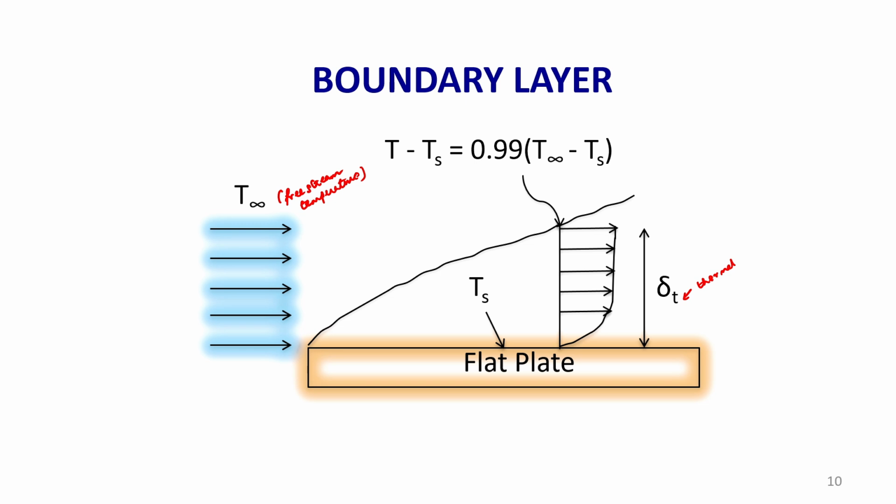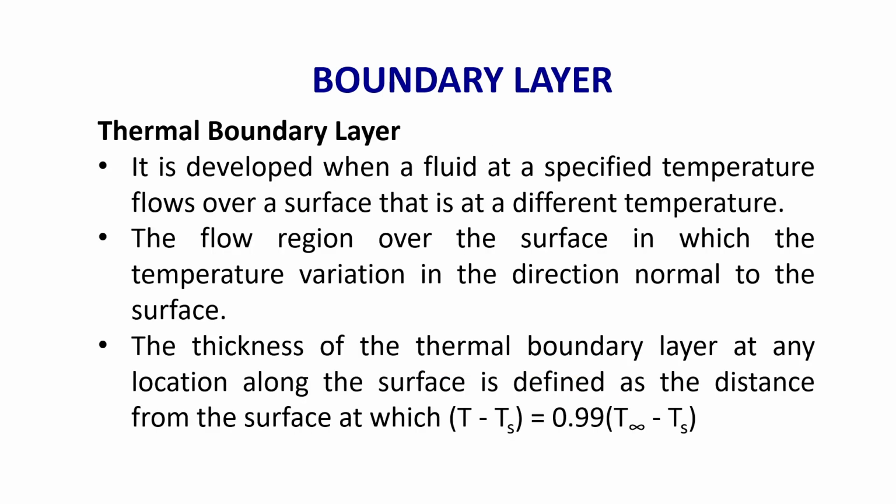Okay, so the temperature at this point will be T equal to 99% of T infinity, which is nothing but T equal to Ts. So the thermal boundary layer is developed when a fluid at a specified temperature flows over a surface that is at a different temperature.